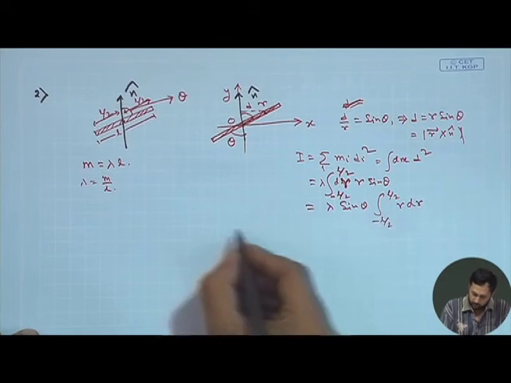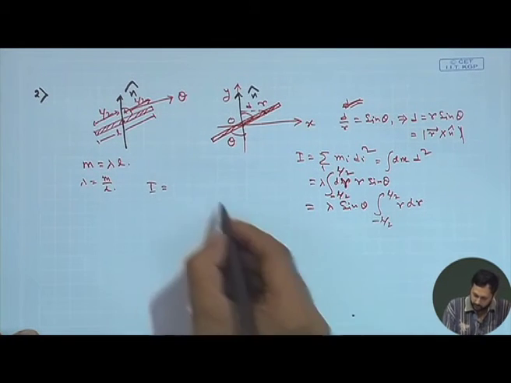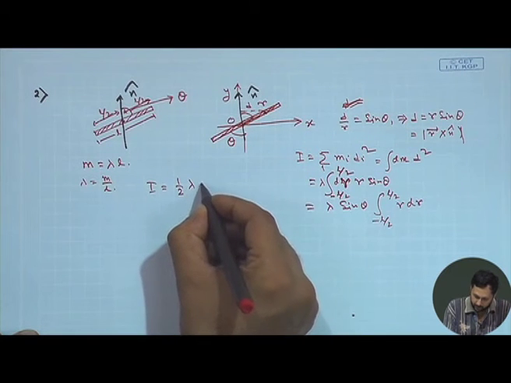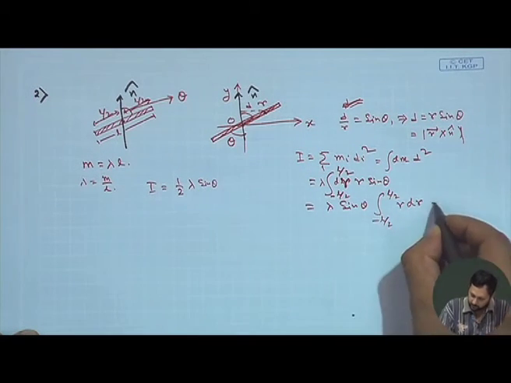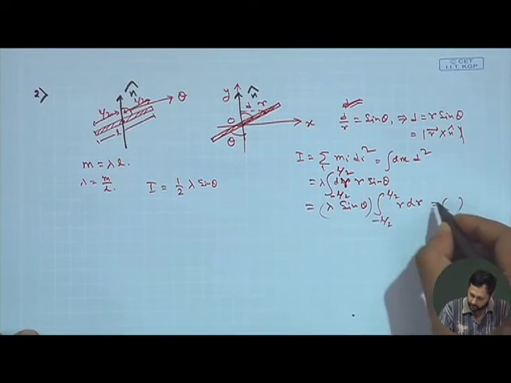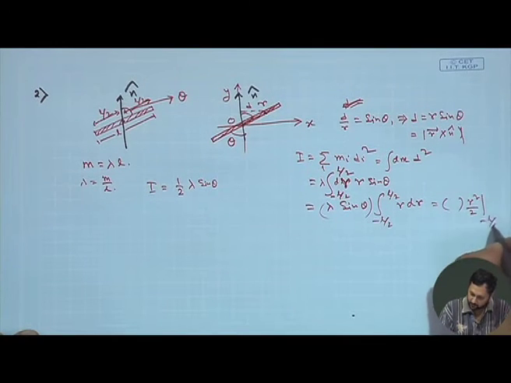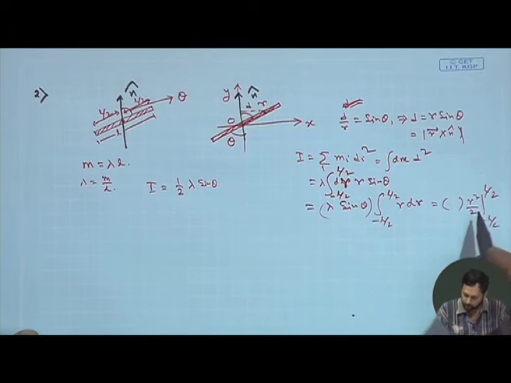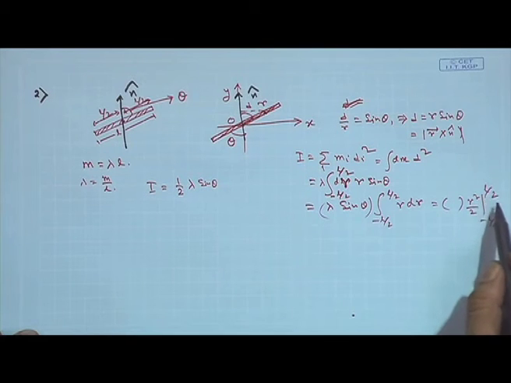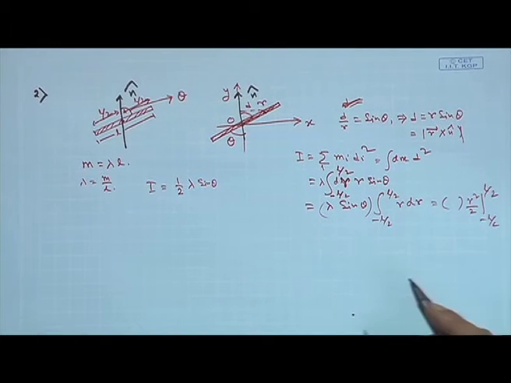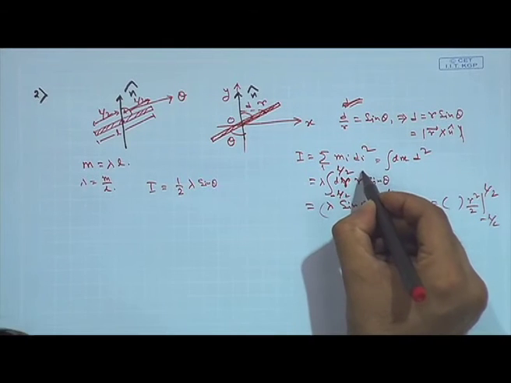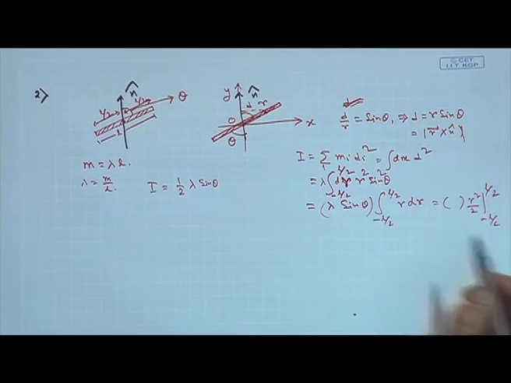Which will give I equal to half lambda sin theta, and integrating this, with the constant taken out, it will be r square by 2. Sorry, I think I have made a mistake. Let me check. Oh sorry, it is r squared sine squared theta, since d is r sine theta, yeah, that makes sense.